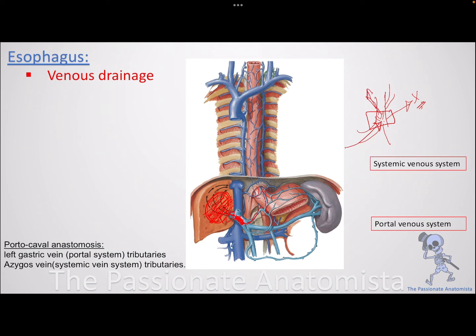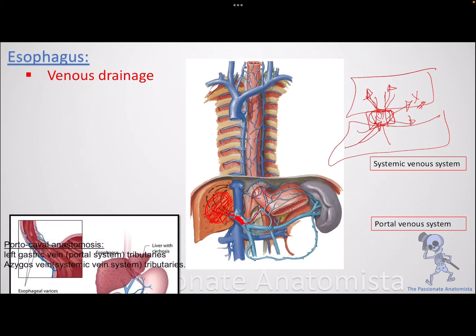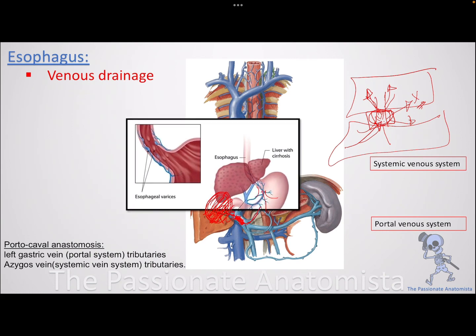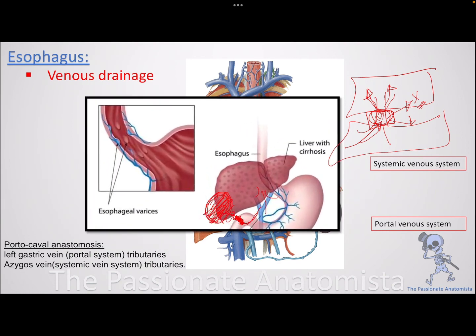It will find another way out, which is the systemic circulation, and once this happens, those channels are going to open between the systemic circulation and the portal circulation because it does not have any other way back. So the channels are going to open, and this is going to cause something that we call esophageal varices.